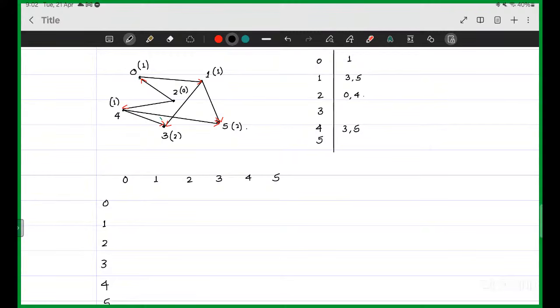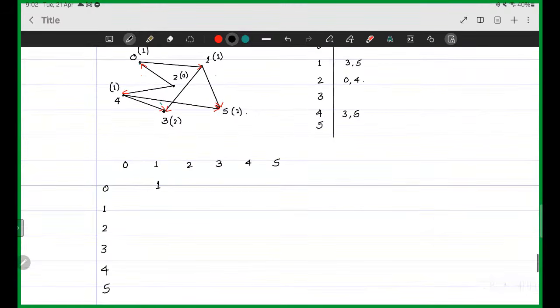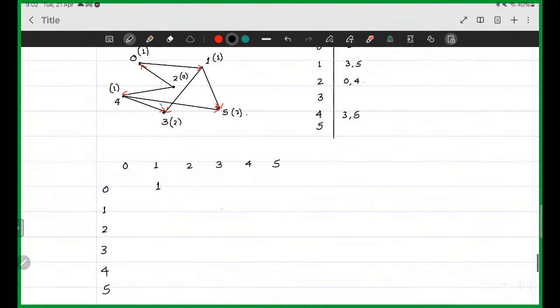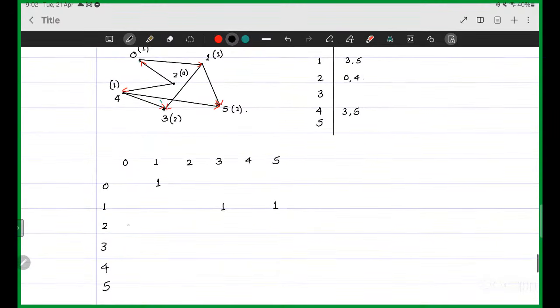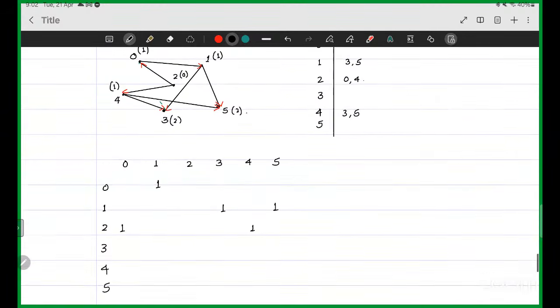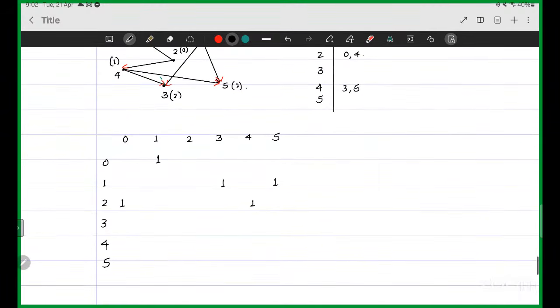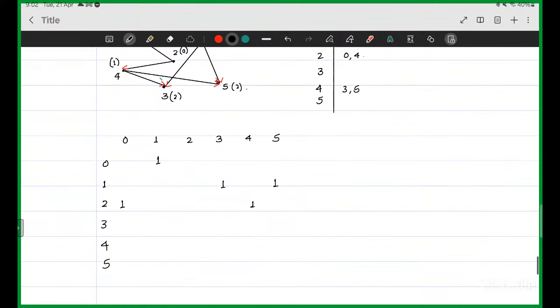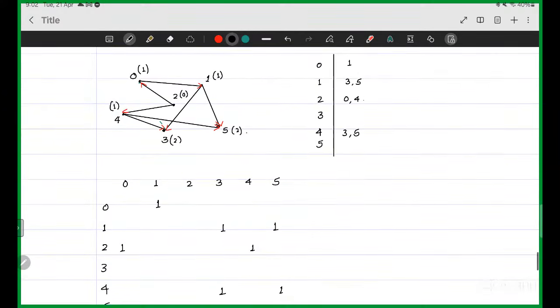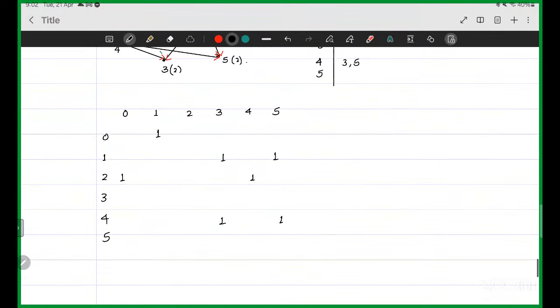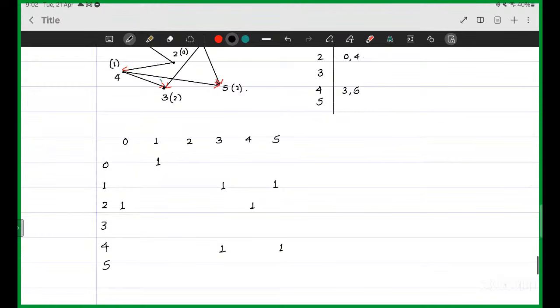So 0 to 1, and 1 to 5, 2 to 0, 4. 3 has all zeros, 4 has 3, 5, and 5 has nothing. These are all the ones in the adjacency matrix.